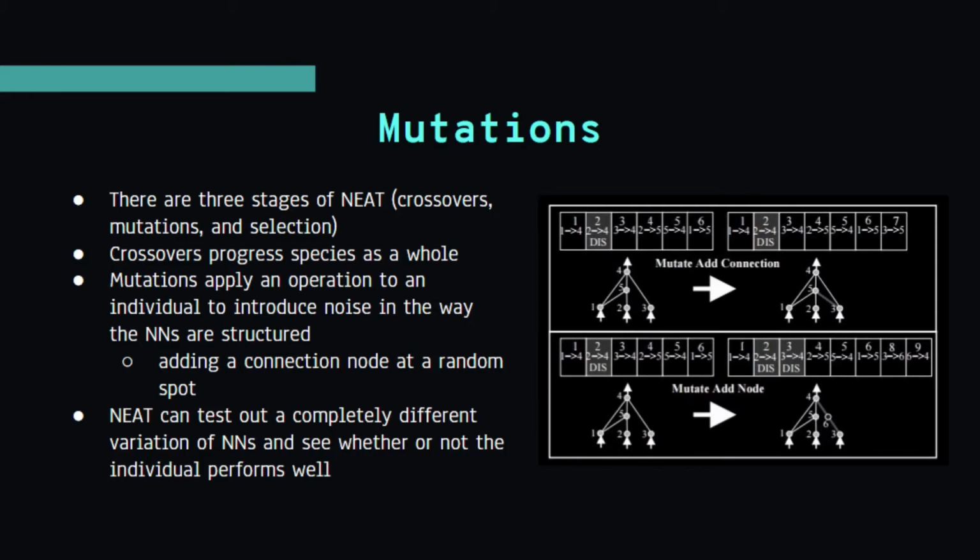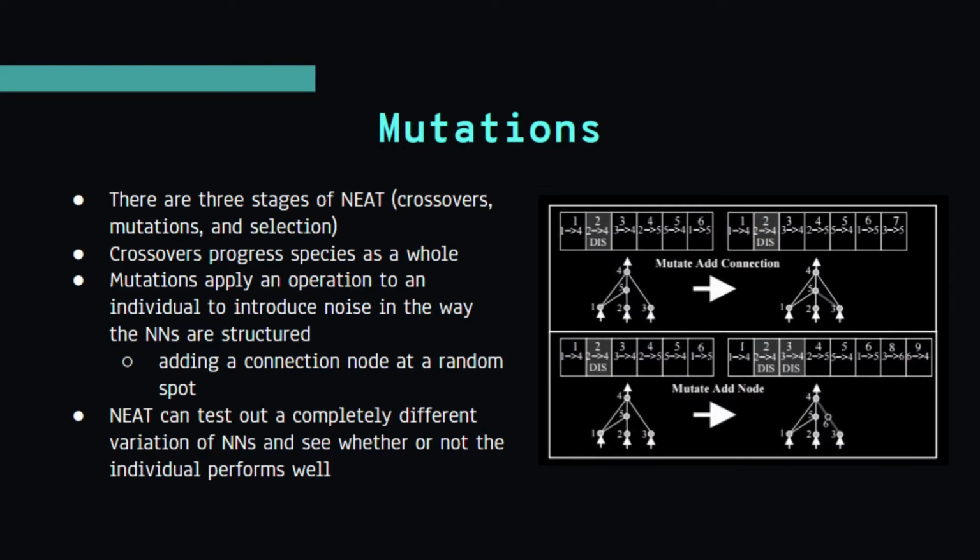The purpose of this is so that once the population is diversified, the algorithm can see if this mutation performed well or not. If it performed well, then that's great. Then most likely the offspring of this neural network is also going to have this mutated gene, and that's going to create a separate species that is going to perform much better than any other species that does not have this mutation.